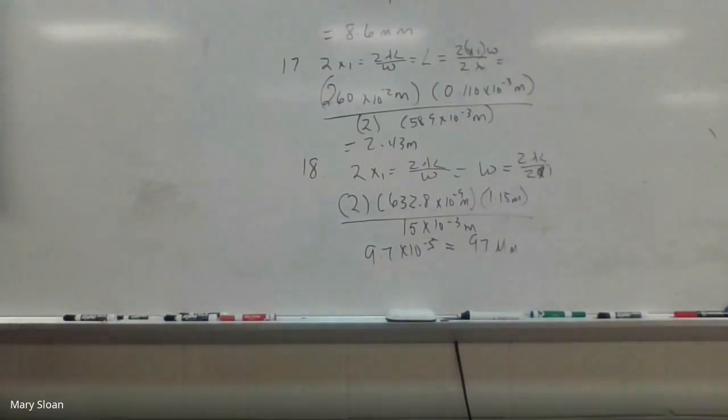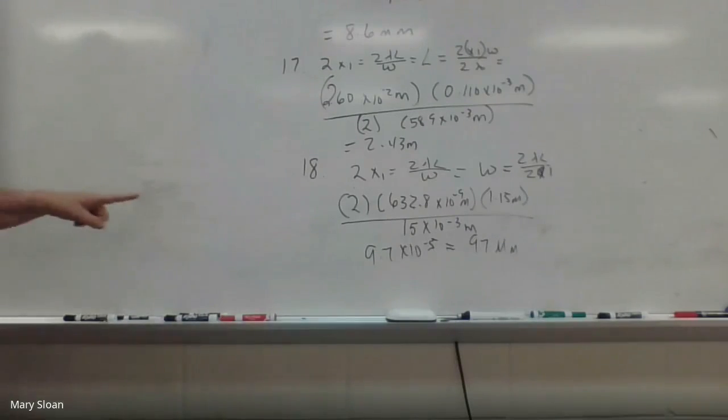And then number 18 says the light of a HeNe laser with a wavelength of 632.8 nanometers falls on a slit of some width. A pattern is formed on a screen 1.5 meters away, with a central bright band 15 millimeters wide. How wide is the slit?